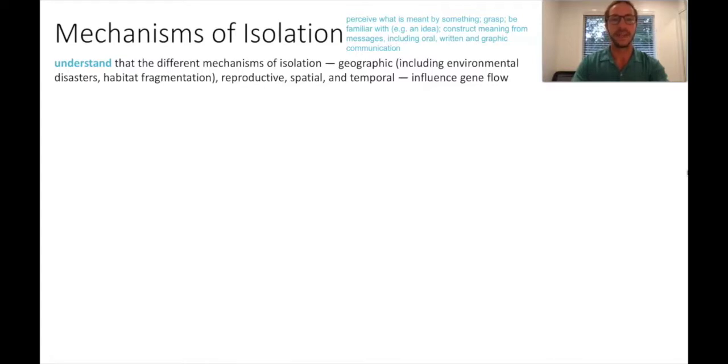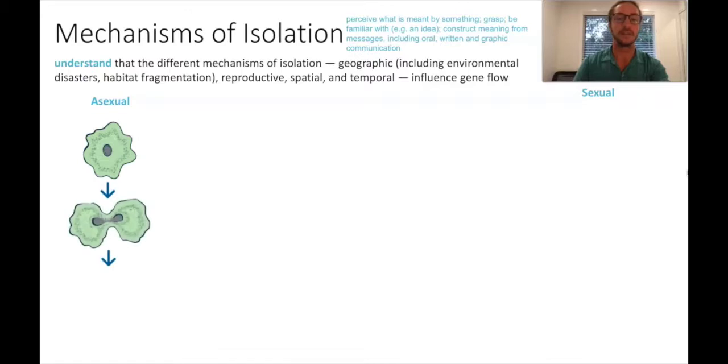But before we get into the two main types of reproductive isolation, let's zoom out for a moment and go over asexual reproduction as opposed to sexual reproduction. So in asexual reproduction, we have one parent, such as a bacterium, and it will divide into two genetically identical daughter cells.